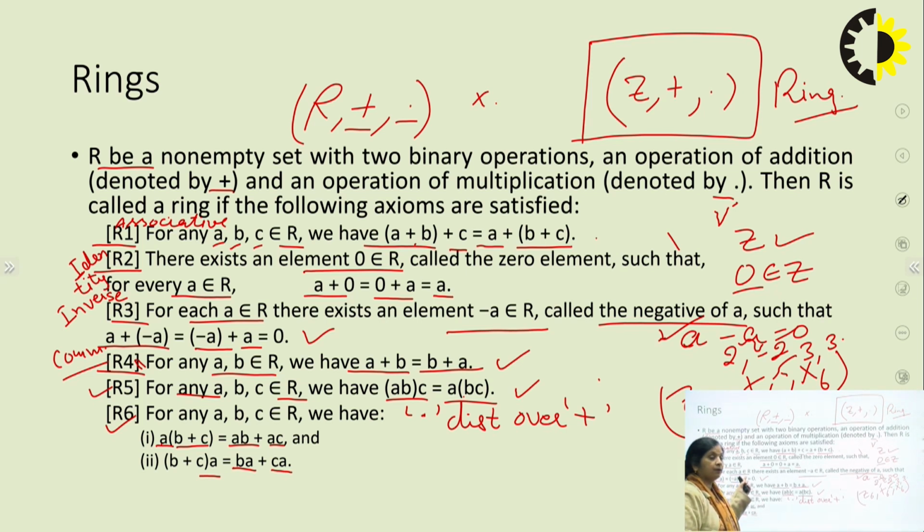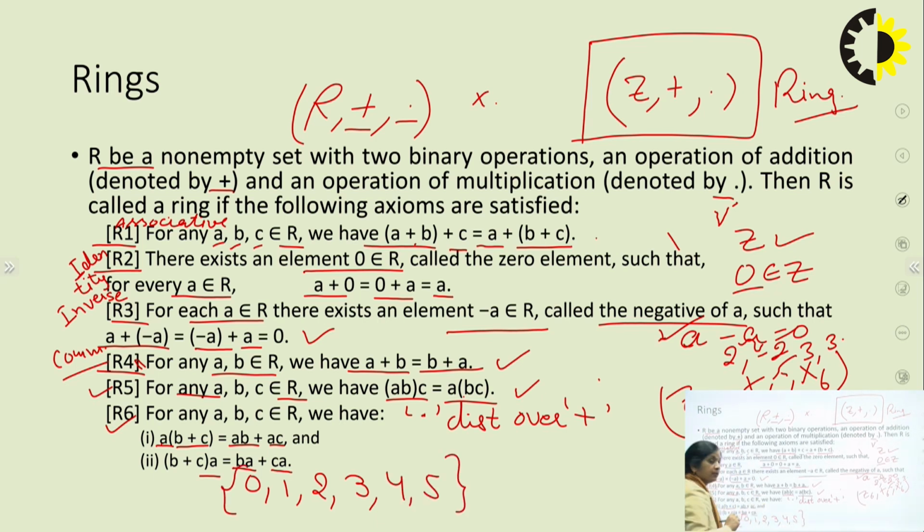The inverse, what are the inverse elements of Z6? For example, in integers, the negative means if a is there, minus a is another integer and a plus minus a is 0. From here we can see that in Z6 we have the elements 0, 1, 2, 3, 4, 5.